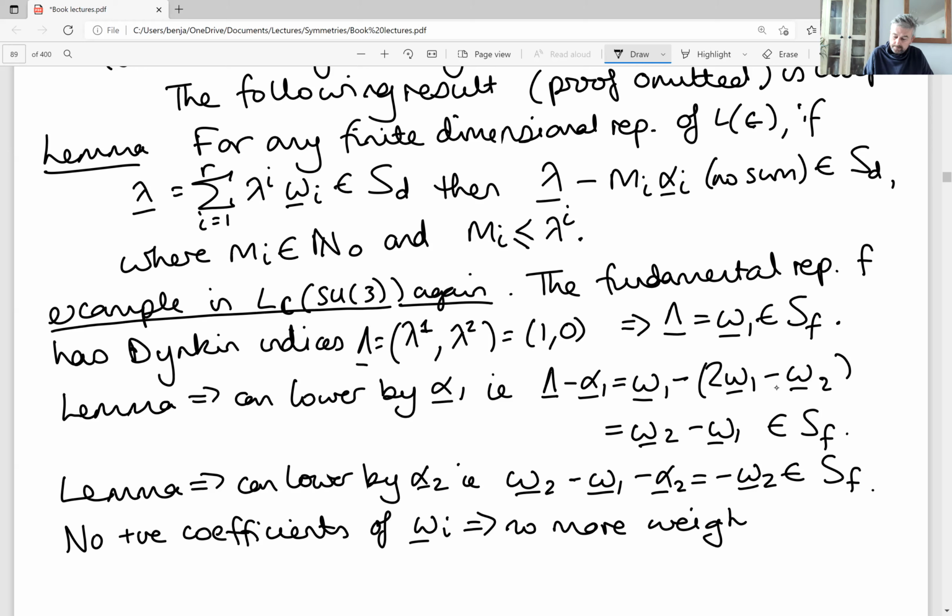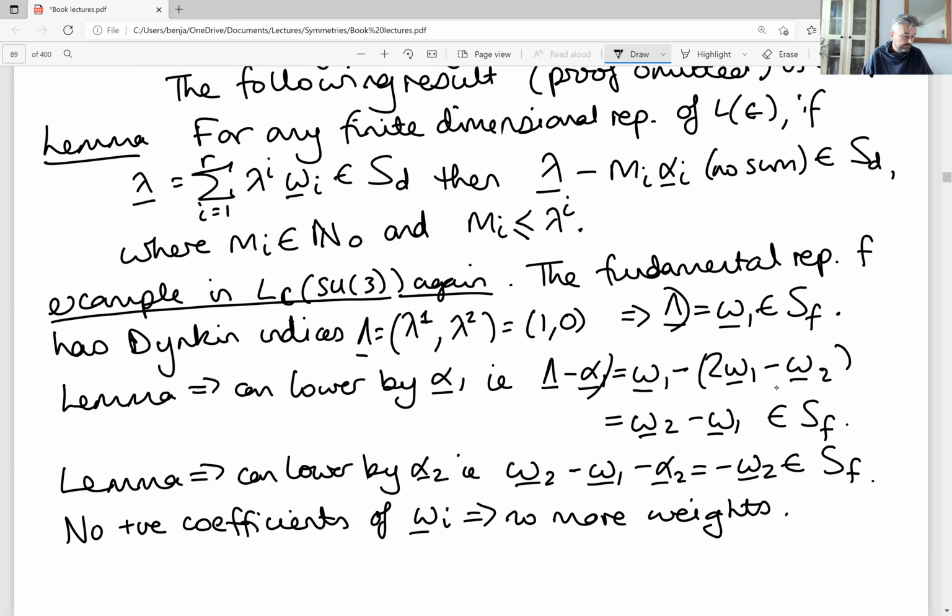So we see that we have a three-dimensional representation. There are three states: lambda, lambda minus alpha 1, and lambda minus alpha 1 minus alpha 2.